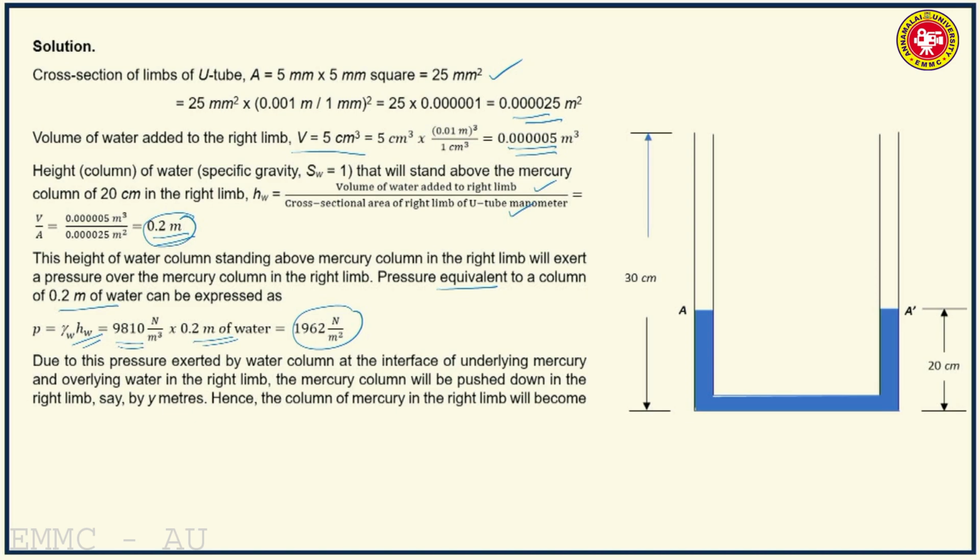So due to this pressure exerted by the water column at the interface of underlying mercury and overlying water, this is 0.2 meter of water. Because of the pressure, that is 1962 Newton per meter square, exerted on the interface of underlying mercury and overlying water in the right limb, the mercury column will be pushed down, and accordingly the mercury level in the left limb will rise up.